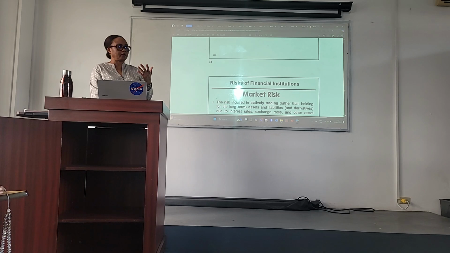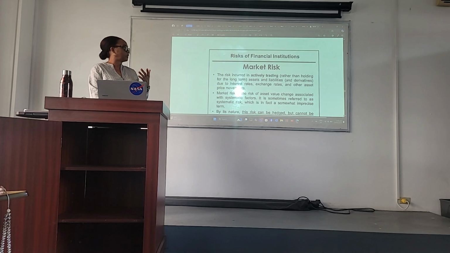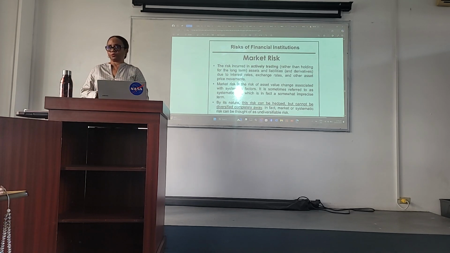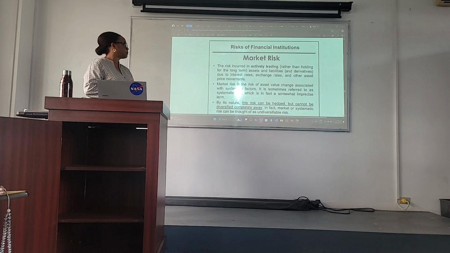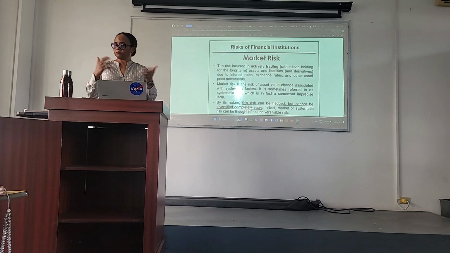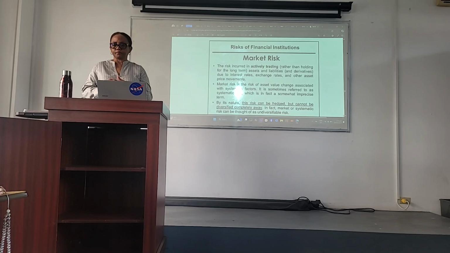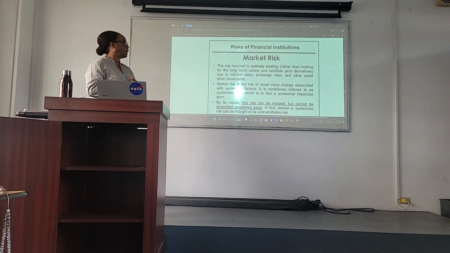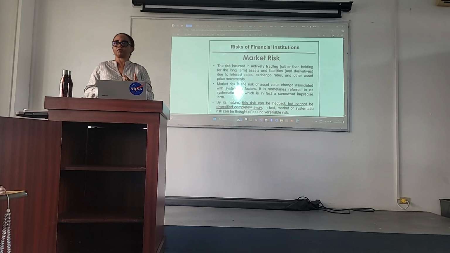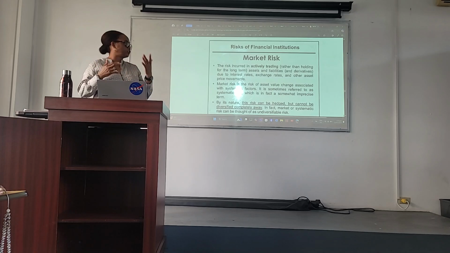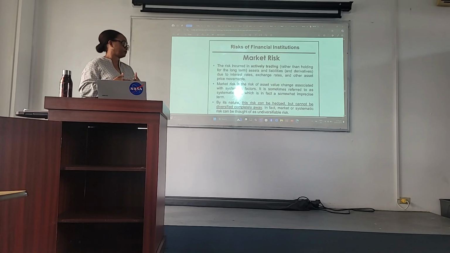And then the political activities also pose a risk for currency. Then market risk comes from active trading, the different types of risk create that market risk. So you have changes in interest rates, you have changes in exchange rates, and you have just the movement, changes in prices that creates market risk.